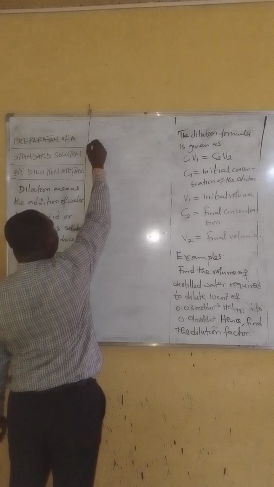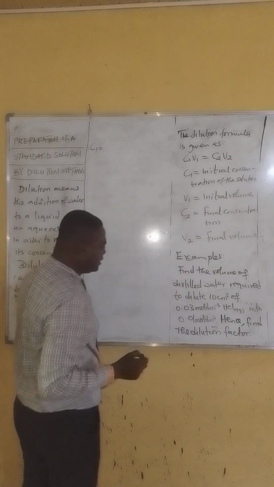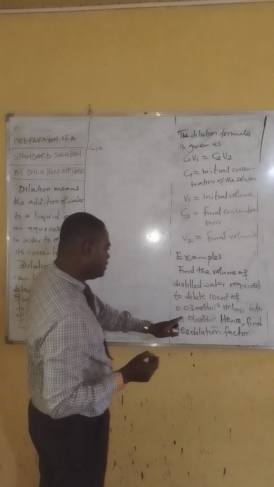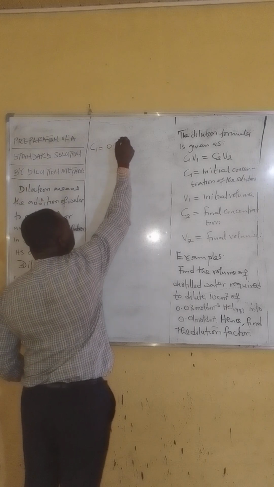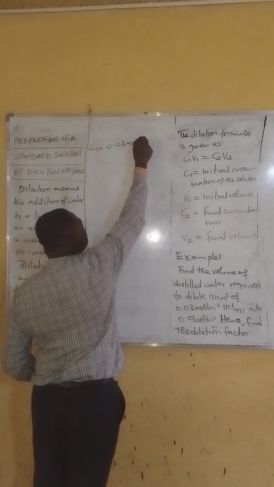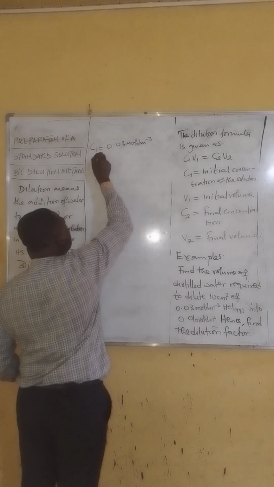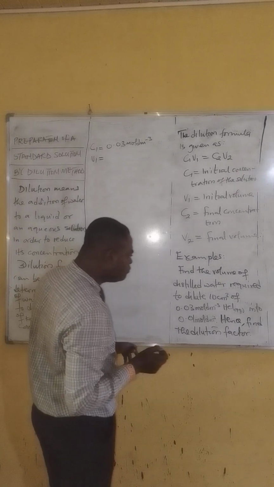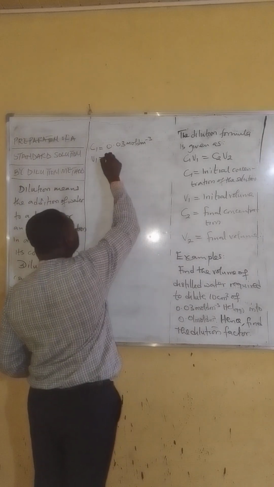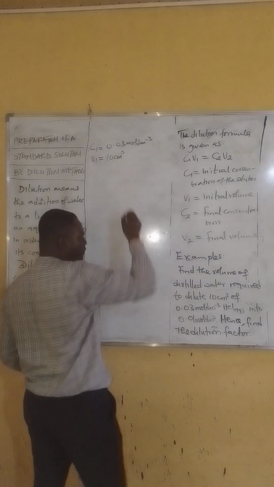So what are we going to do here? Now, write out your parameters. C1 is the initial concentration, which is 0.03 mole per dm³. Then V1 is the initial volume, which is 10 cm³.